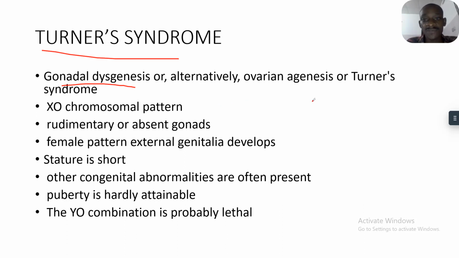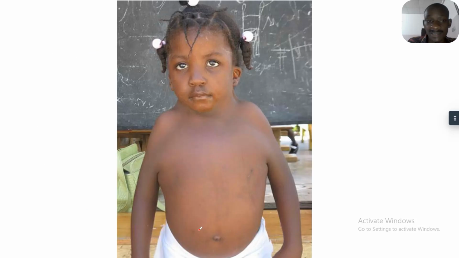Alternatively, you could call it ovarian agenesis. The XO chromosomal pattern, where one X is missing, and the female pattern of external genitalia develops, and your stature is short, and other congenital abnormalities are often present. Puberty is hardly attainable. The YO combination is probably lethal.